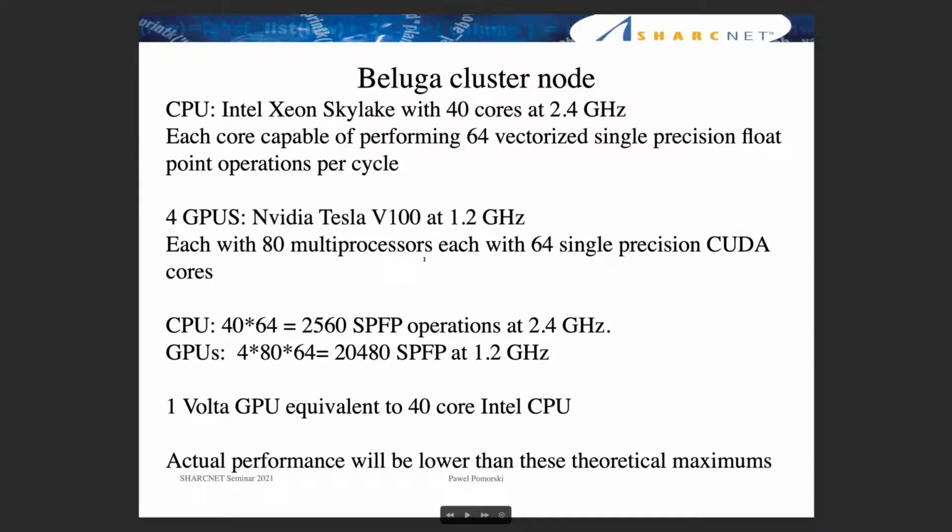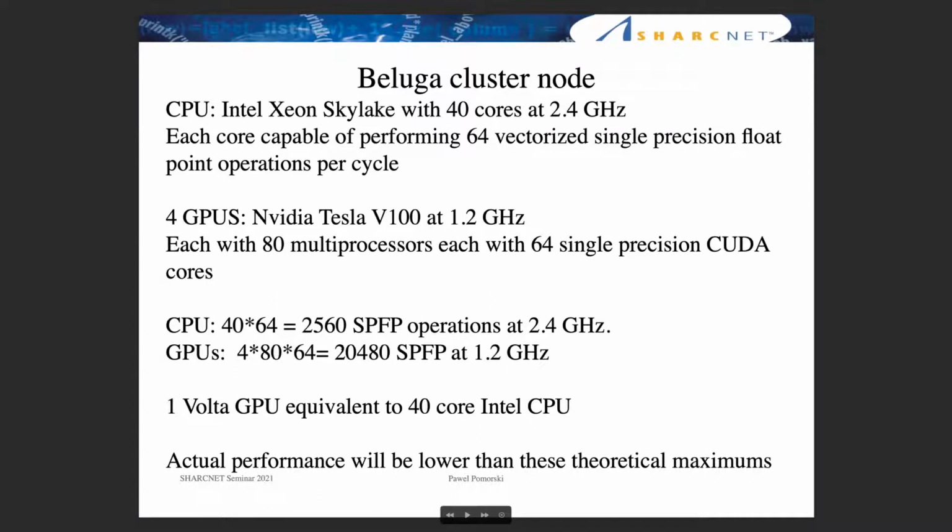It has 80 multiprocessors, each with 64 single precision CUDA cores. So the total number of operations it can do, the whole node is 4 GPUs, that's where the factor of 4 comes from, times 80 multiprocessors on each GPU, times 64 single precision CUDA cores inside each multiprocessor, which is 20,000. But this runs at half the clock of the CPU.